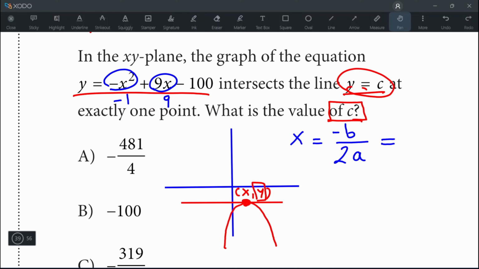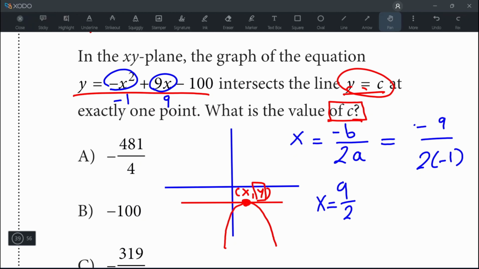The x coordinate of the quadratic function's vertex is equal to negative 9 over 2 multiplied by negative 1, which is the same as 9 over 2, and this is the x value of our vertex. Now, how can we find the value of y? You should notice that we are given a function here, right?